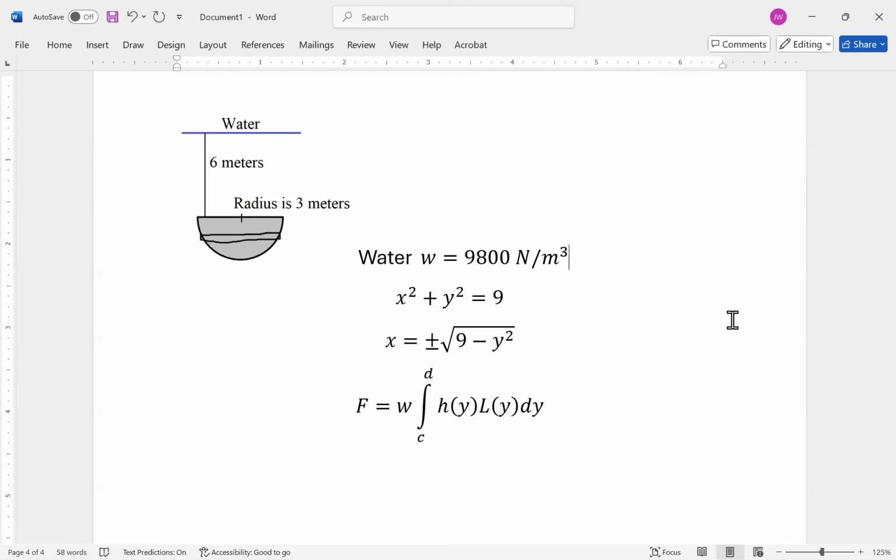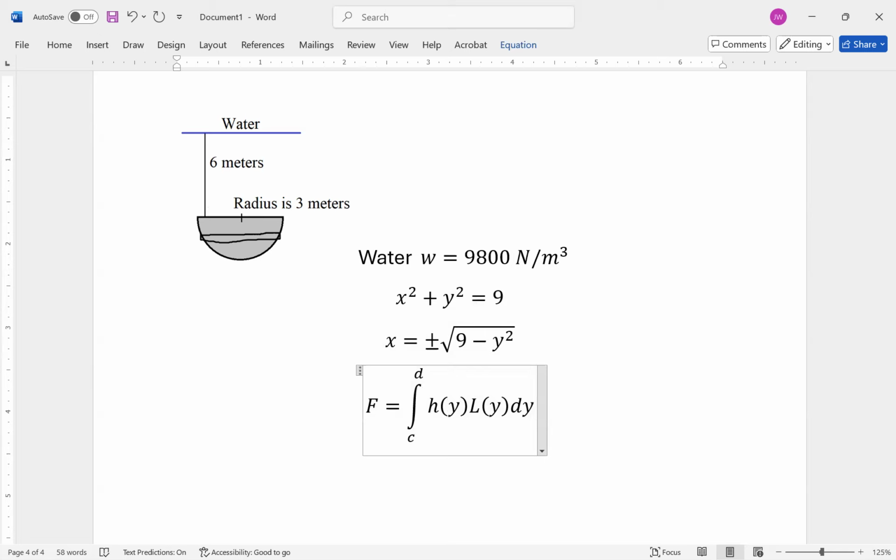Water is something you can look up on the notes. If it's some other liquid, I would give the weight density of that liquid. Now the water line clearly is 6 meters above this center of the circle, so therefore it's 6 meters above the origin. And now we're ready to go through.